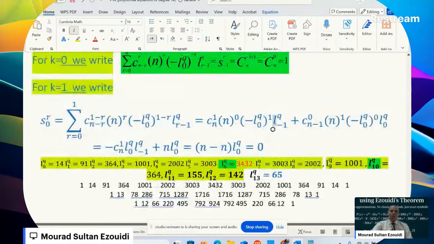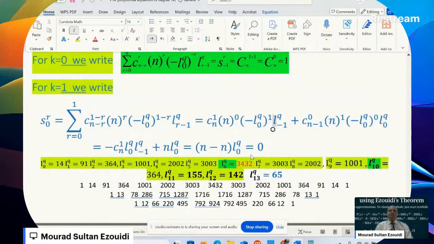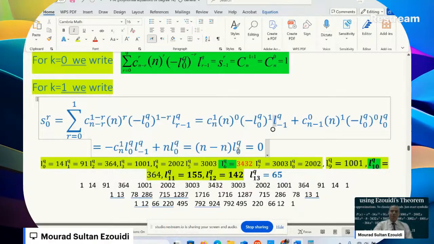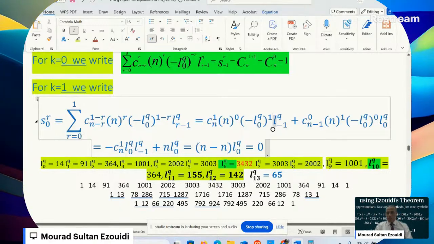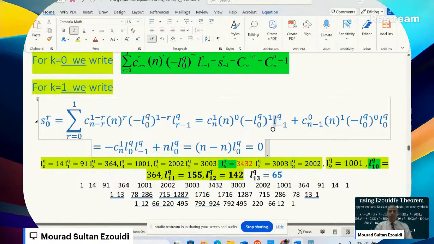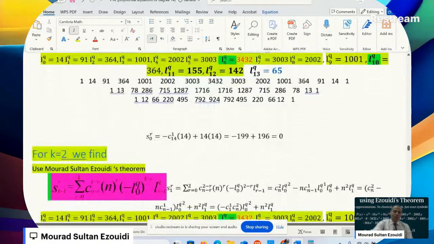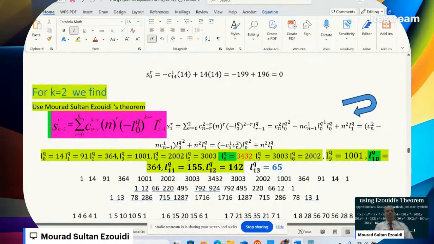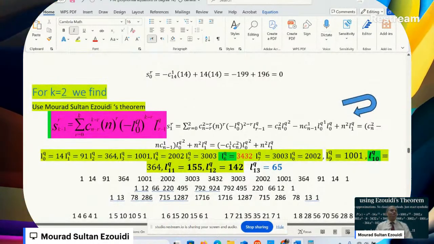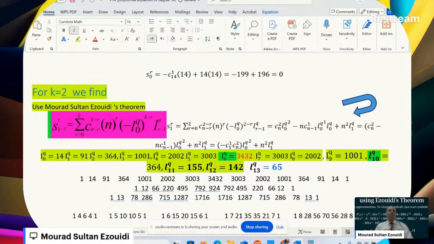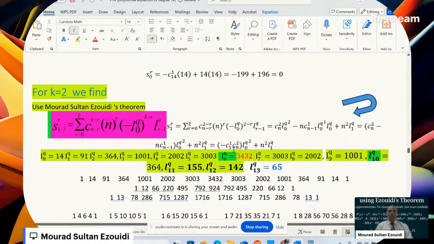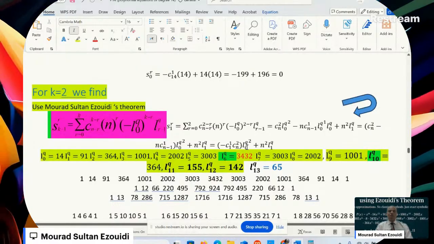Of course, using the formula, we obtain n minus n, which is 0, times the coefficient 14, which is different from 0. So 0 multiplied by a coefficient different from 0 has to be equal to 0. Now, my professors, we continue to find S1. Just put k equal 2 in the formula, and we obtain this formula: S1 is negative n choose 2 times n0 squared plus n0 squared times n1.